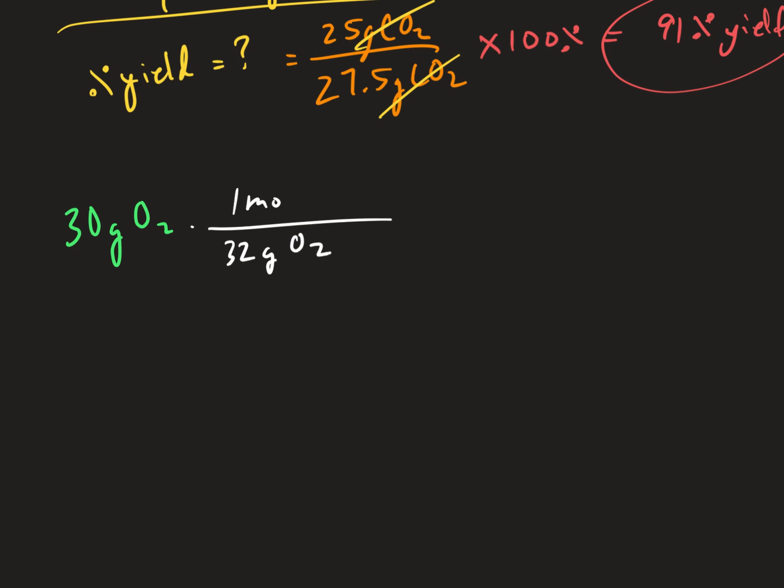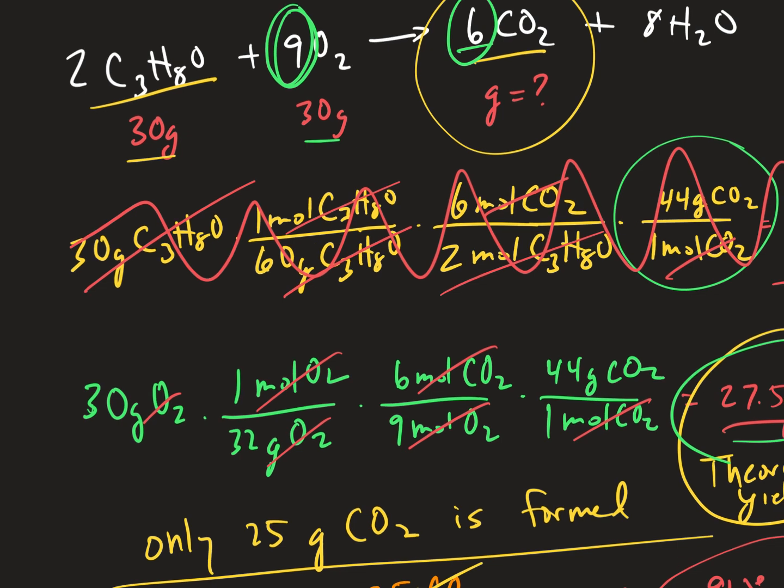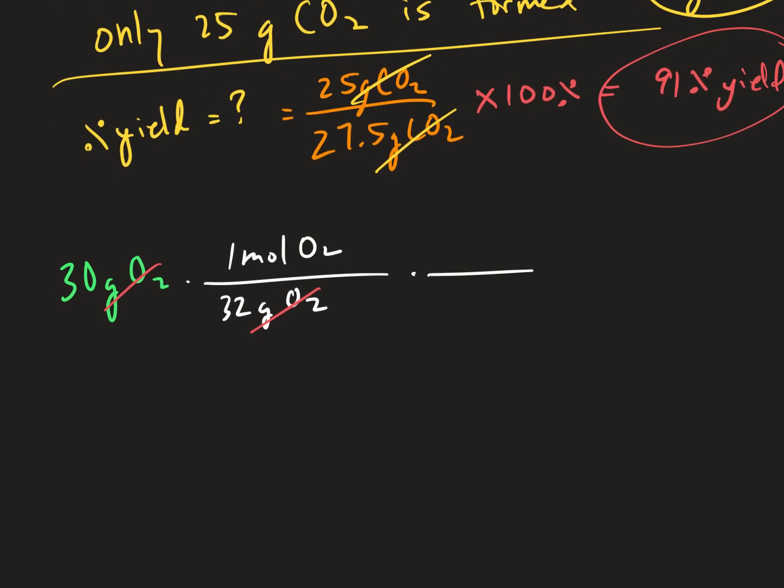To 1 mole of O2. And then the mole-to-mole ratio on our balanced equation is 9 to 2, right? So 9 moles of O2 on bottom to 2 moles of C3H8O.